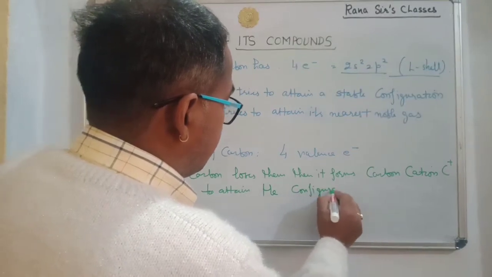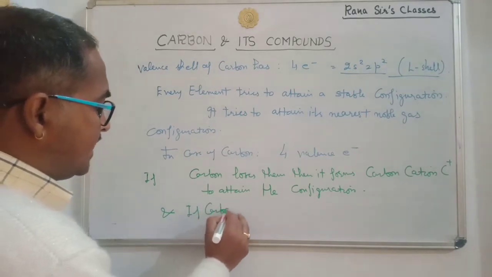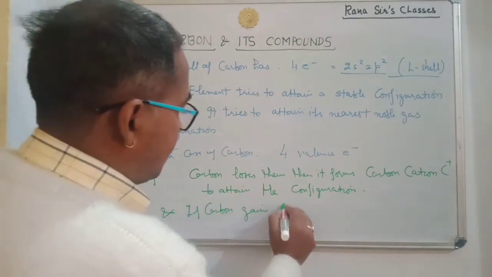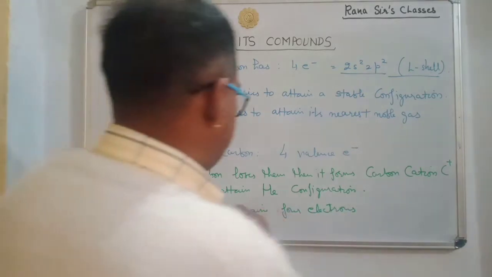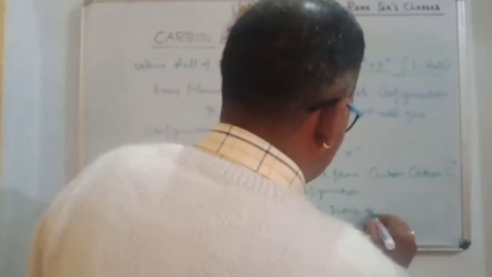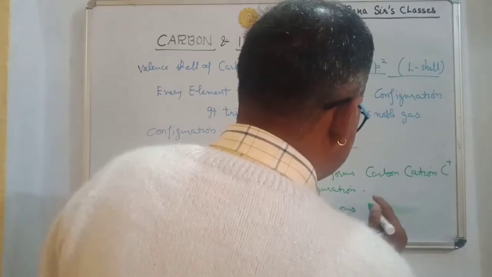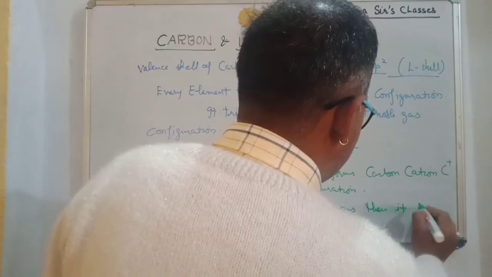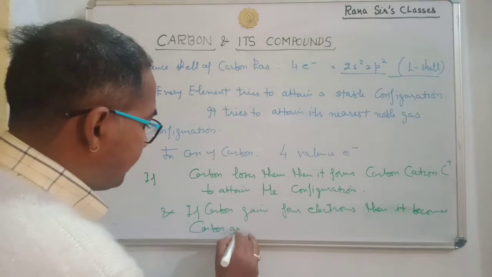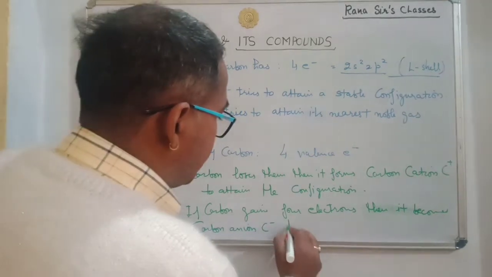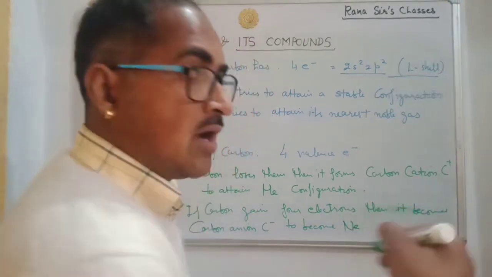And if carbon gains 4 electrons, it becomes a carbon anion, C4-, to become neon, which has atomic number 10.